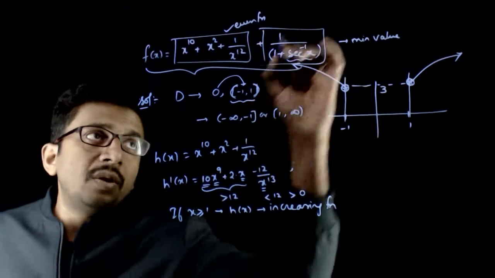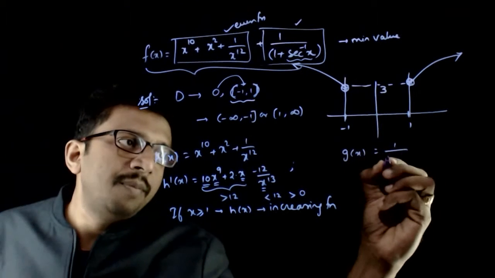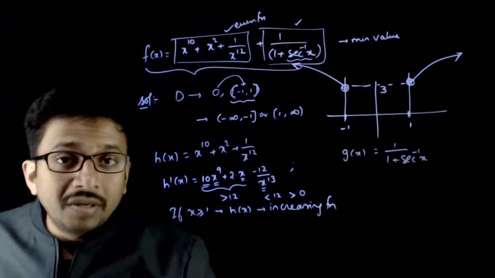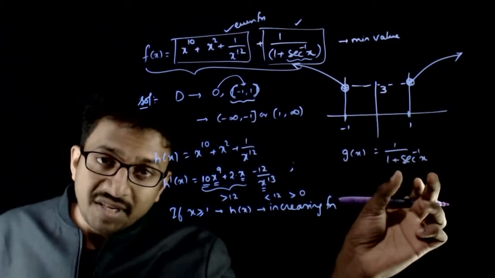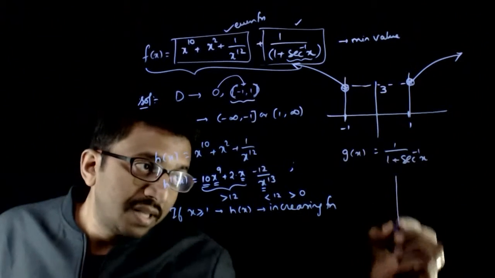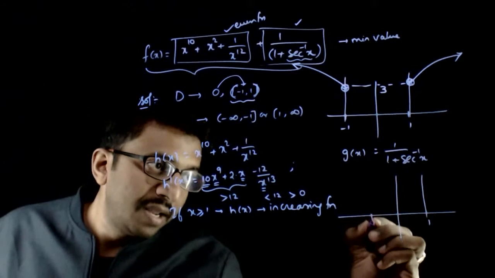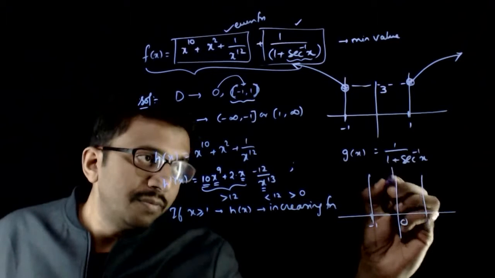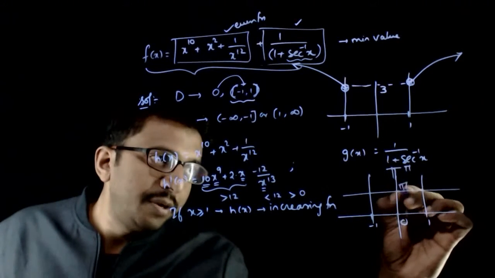Next, let us try to analyze g of x equal to 1/(1 + sec inverse x). So how does the graph of secant inverse x look? You know the graph of secant inverse x. It does not lie between 1 and minus 1; that domain is excluded. And the range is 0 to pi, with a pi by 2 here.